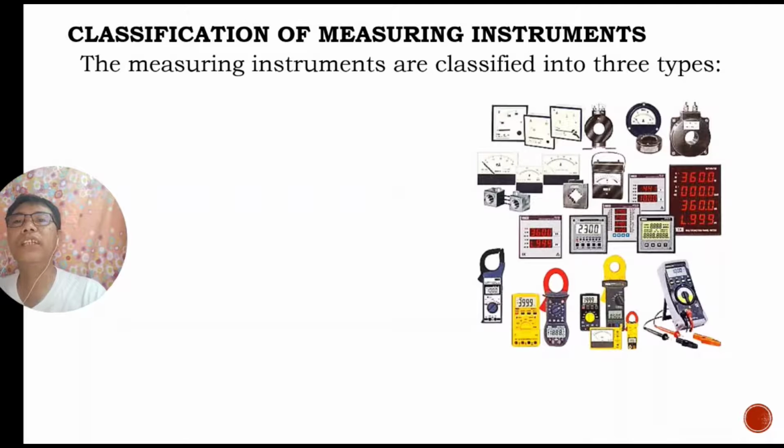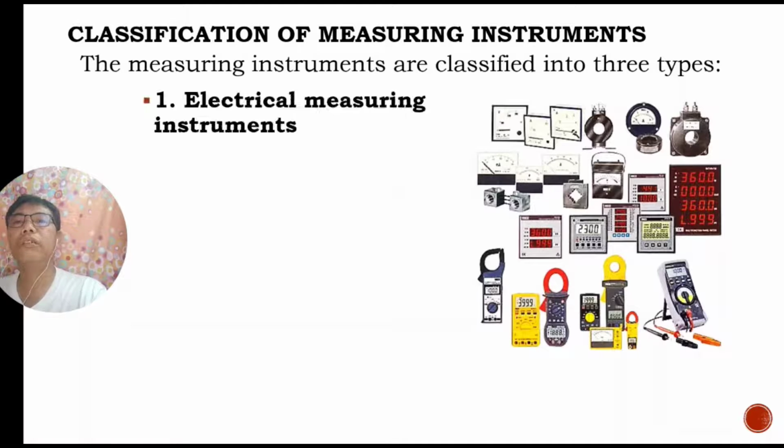Now, let's go to classification of measuring instruments. The measuring instruments are classified into 3. One is electrical measuring instruments. The ones you see on the picture are examples of electrical measuring instruments.